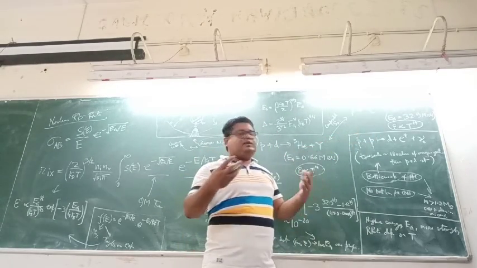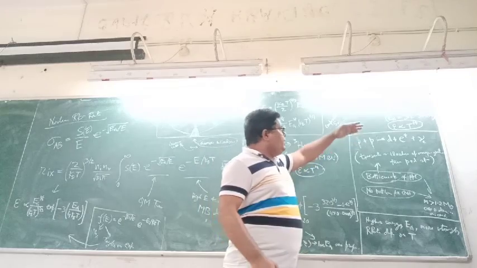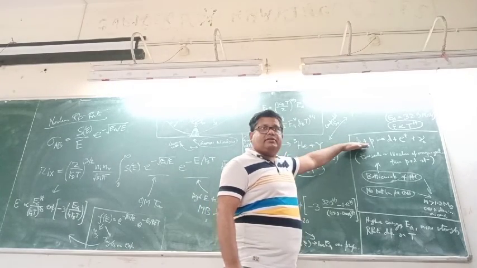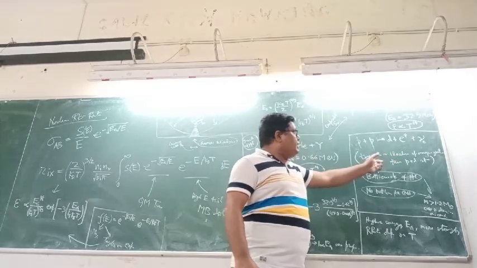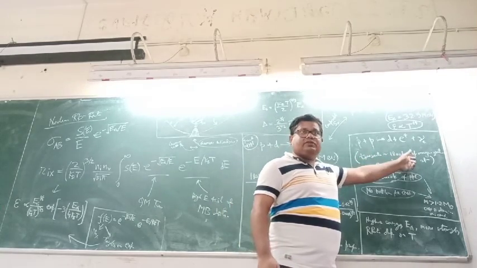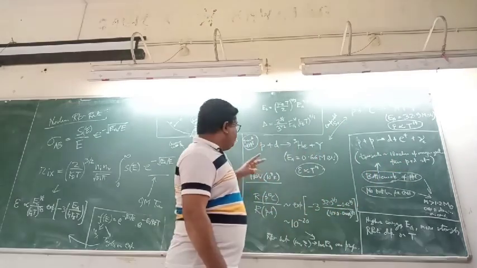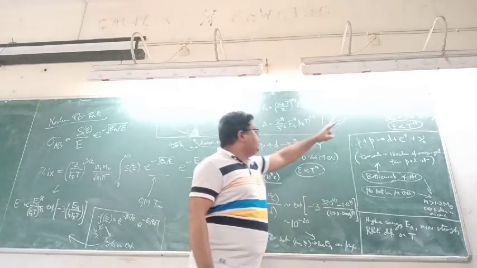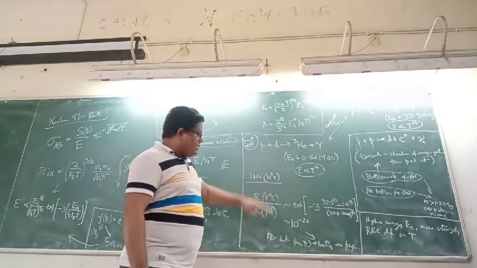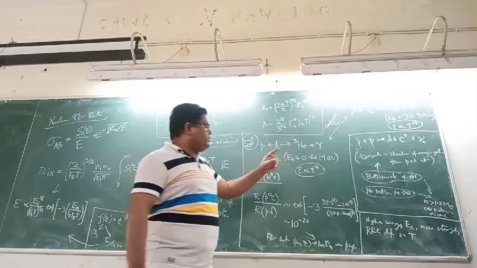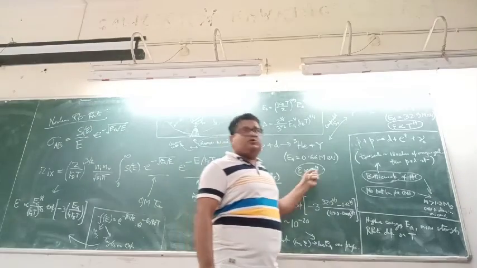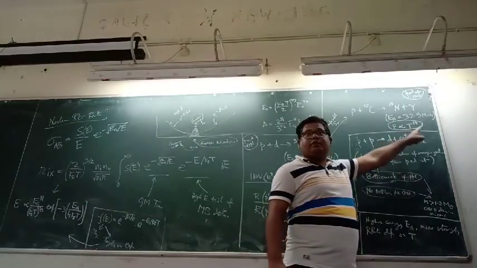And the end result is that, number one, this is a bottleneck reaction, inhibited and taking a larger time, 18 orders of magnitude. Number two, this reaction is slower than this reaction by 20 orders of magnitude. Number three, temperature dependence is T to the power 4 for one and T to the power 19 for the other.